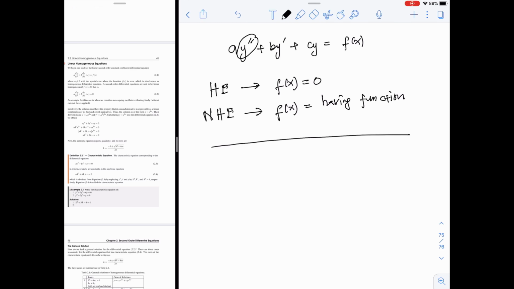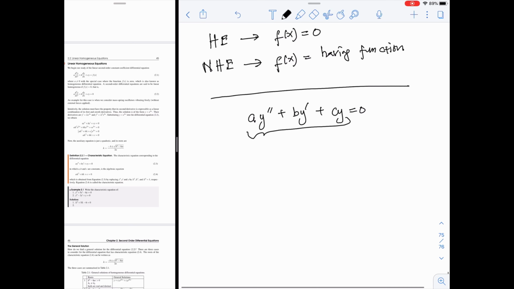For example, say we are taking y double prime plus b y prime plus c y equal to 0, and you want to find its general solution. The first thing you need to do is convert this equation into the characteristic equation. So what is the characteristic equation?